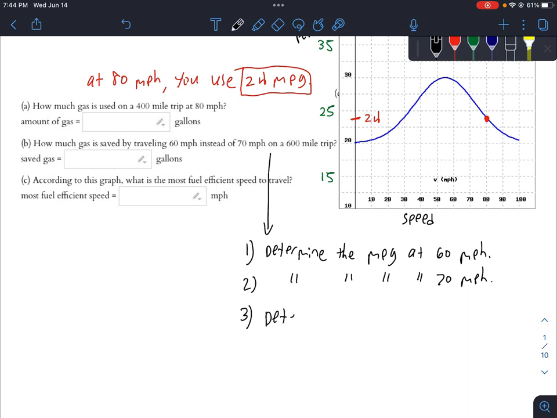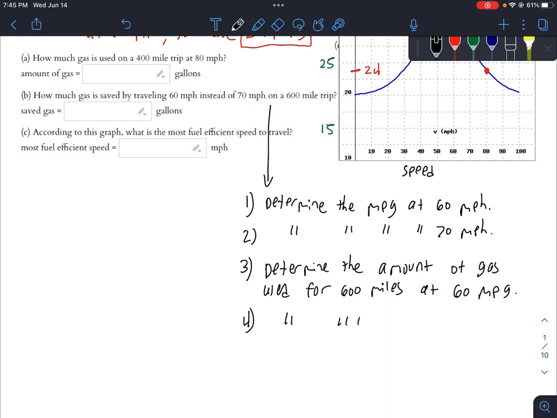You would determine the amount that you used for 600 miles at 60 mpg.